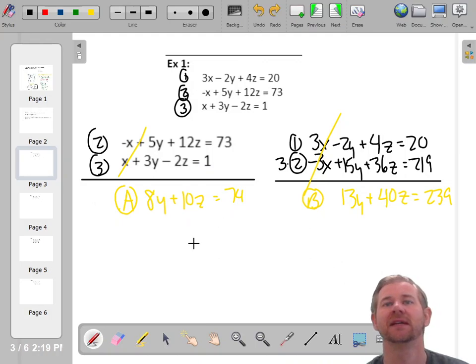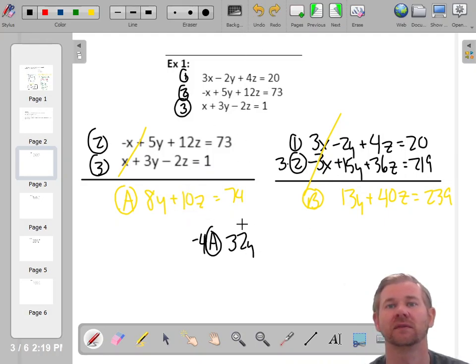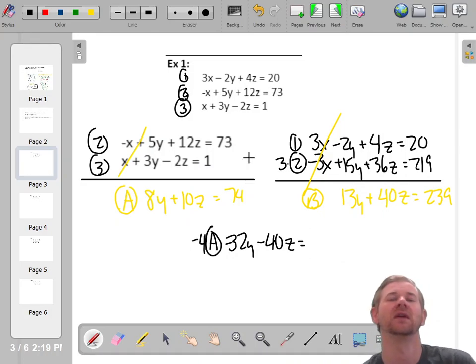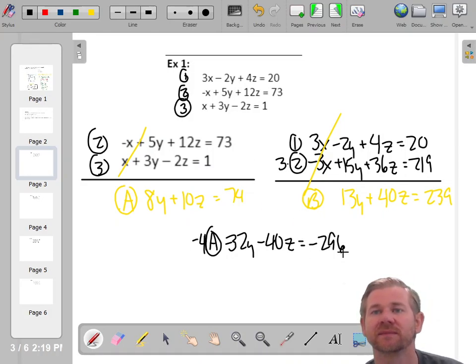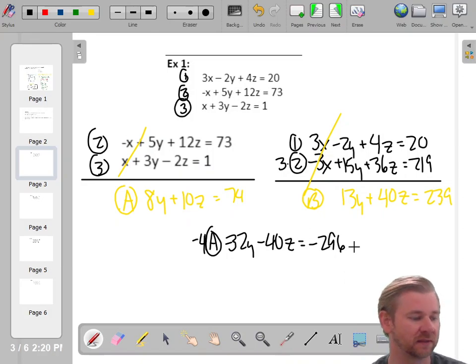So I'm going to say negative 4 times line A: negative 4 times 8 is negative 32. Negative 4 times 10 is negative 40z, and negative 4 times 74 is negative 296.